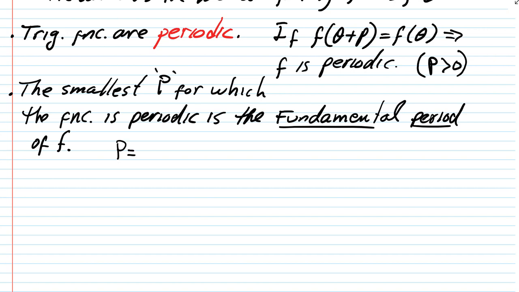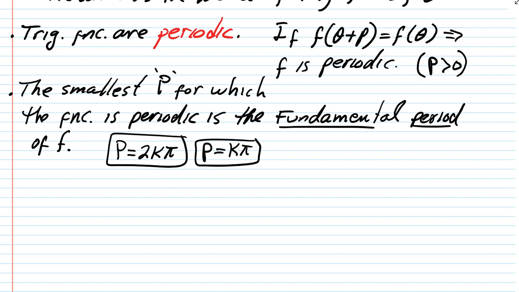So for some of the trig functions, the period would be 2k pi. Okay. And for others, the period would be k pi, for example. There. And that's what the role p plays. And here, the period is positive. Remember, period is positive here. All right.